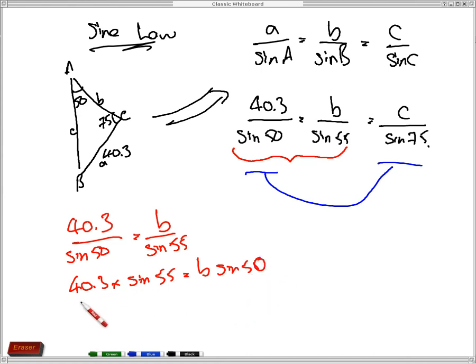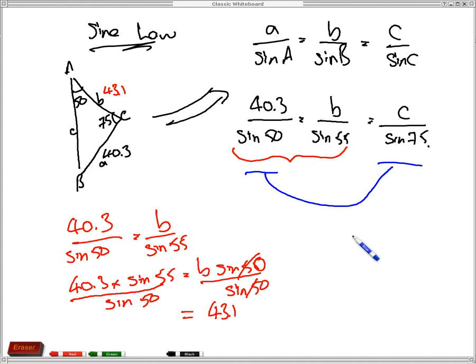Divide both sides by sine 50. Like that, which means that that and that will cancel. So B equals 40.3 times sine 55 divided by sine 50. And that will come out at 43.1. So that is side B. So this one here is 43.1.